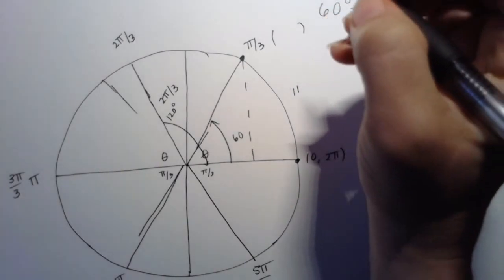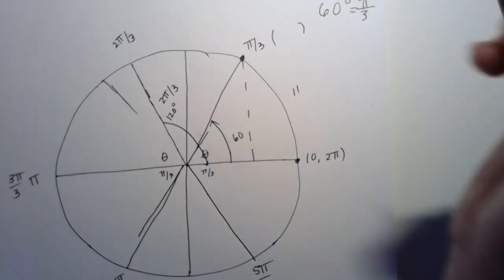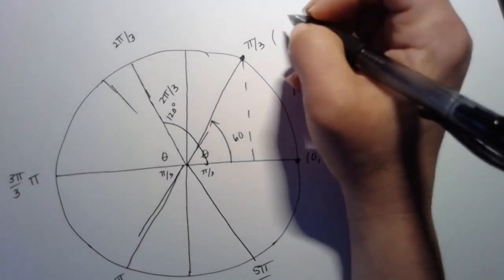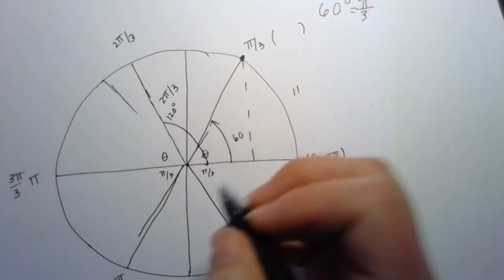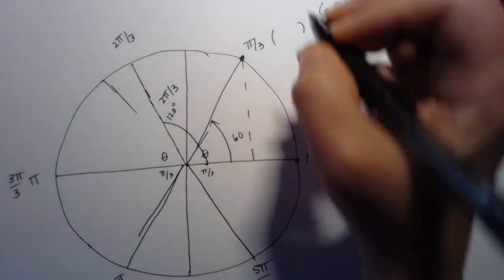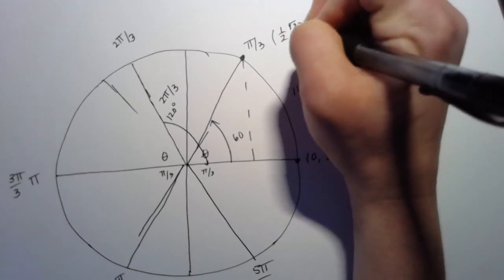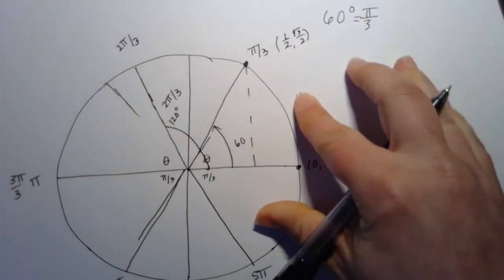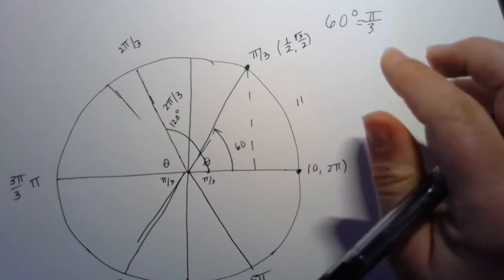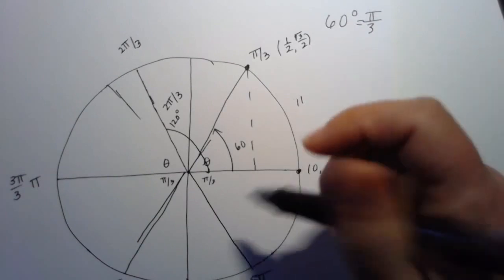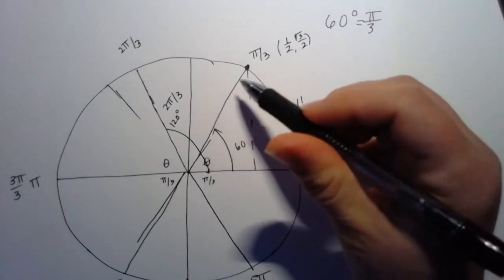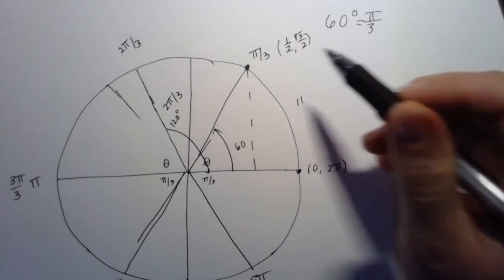But essentially, cosine is the adjacent side over here. This is a half, right? And then this is square root of 3 over 2, the opposite side. You can figure out how I got these from the right triangle trigonometry. So this point here that goes with pi over 3 is a half, square root of 3 over 2.